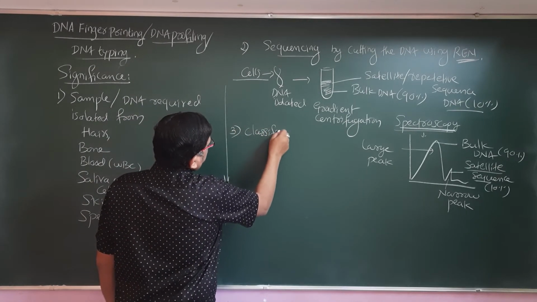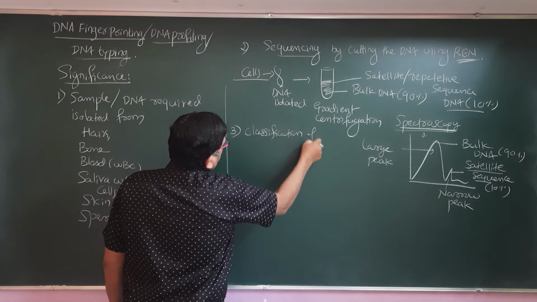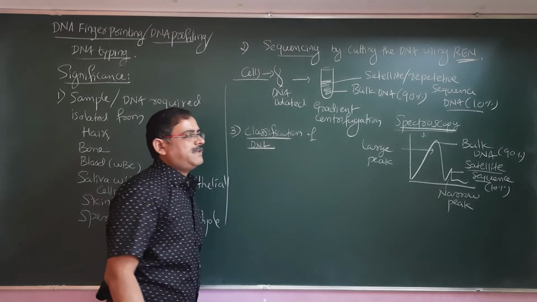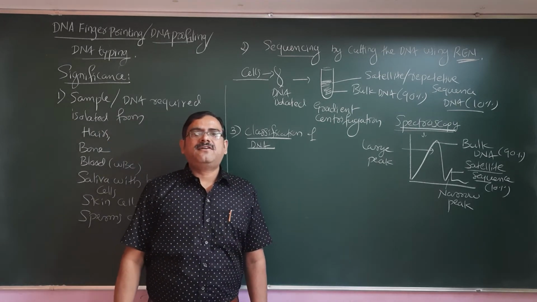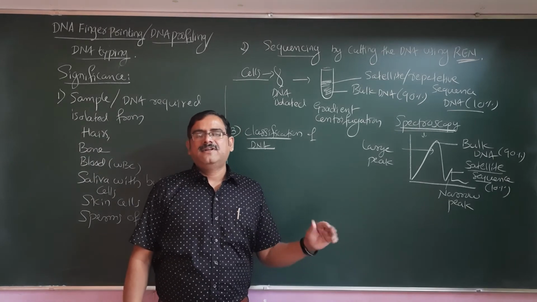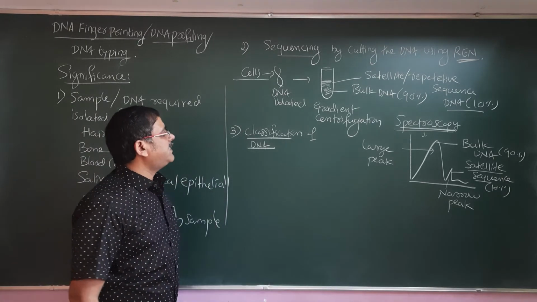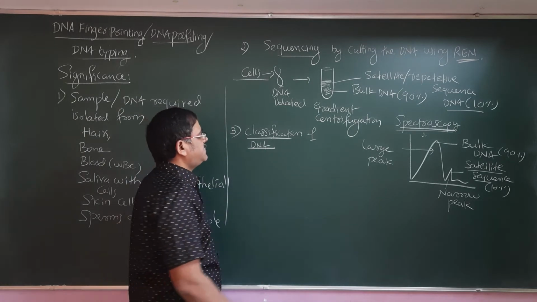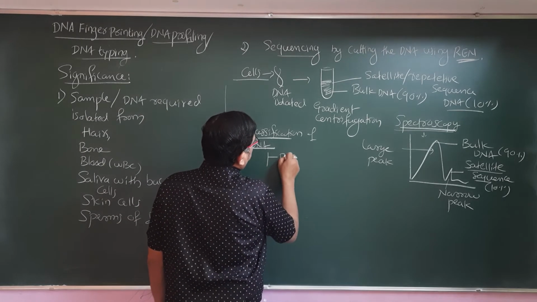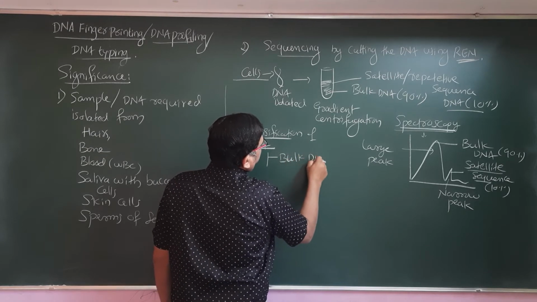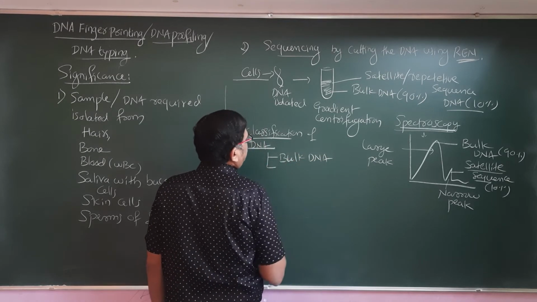Classification of DNA. The classification of DNA is not like that of RNA, where we have mRNA, tRNA. Here we classify DNA mainly based on the sequences. We call it bulk DNA, which is not of our interest.